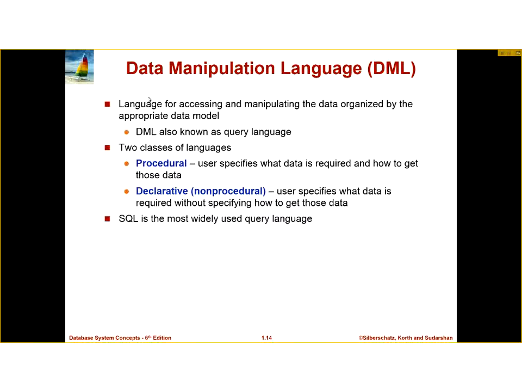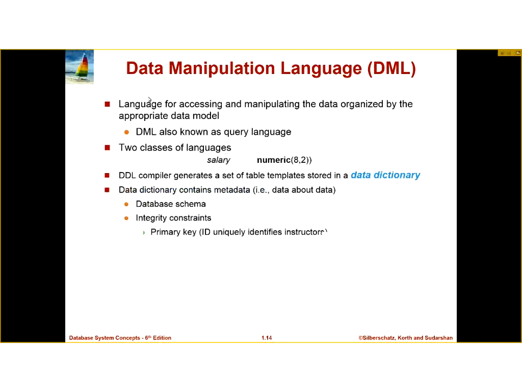And when I say declarative or non-procedural language, it means the user specifies what data is required without specifying how to get that data. It means non-procedural languages are better than procedural languages because users need not worry about where the data is placed and how the data will be accessed. SQL, structured query language, is the most widely used query language.